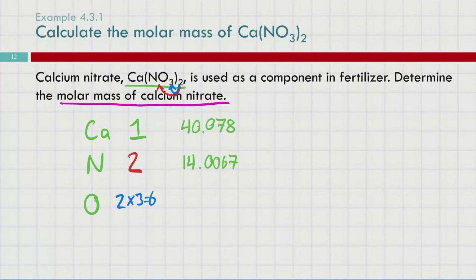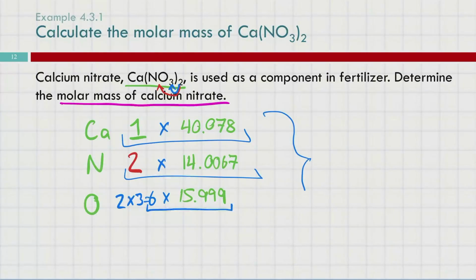All right, 14.067. I was reading it correctly. And for oxygen, I like to use 15.999. So we're going to multiply these, and then add them up, or do a sum.